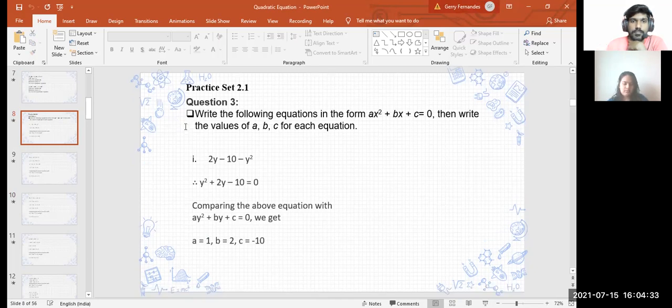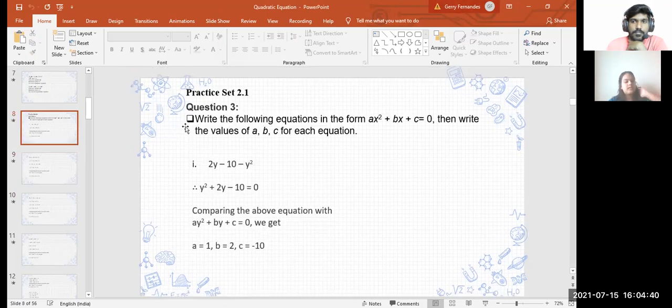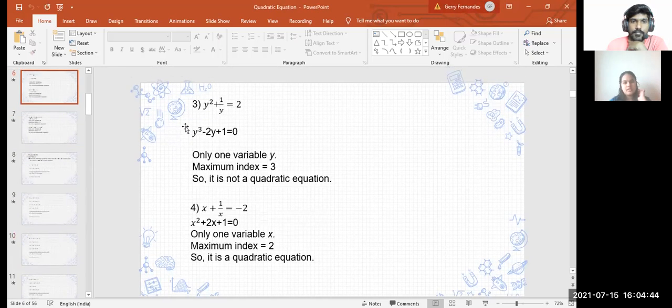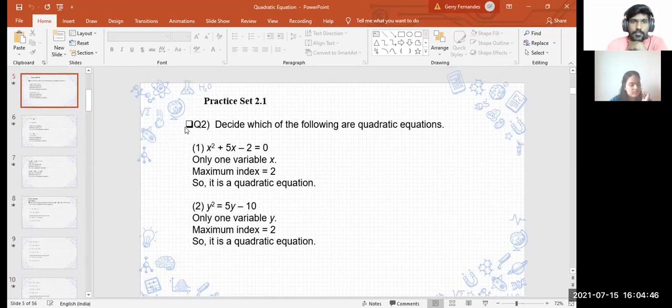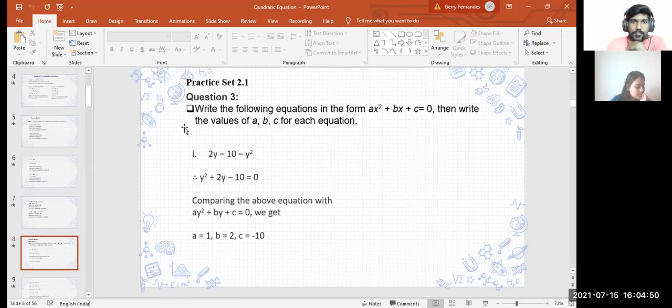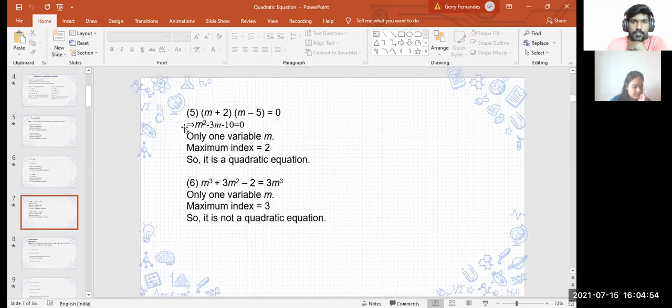Yeah. So we're on 2.5 now. They've missed a lot of sums in 2.6. Sixth one they have missed, and the ninth one they have missed, and the 10th one also they have skipped. Practice set 2.6. 6, 9, 10. Okay.